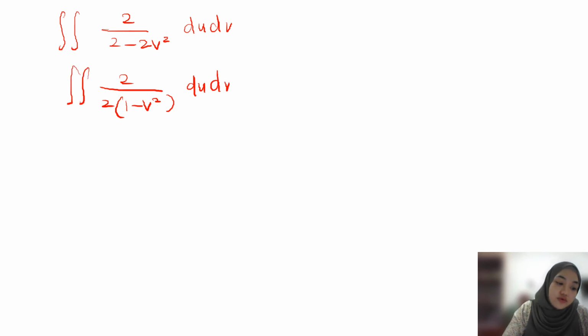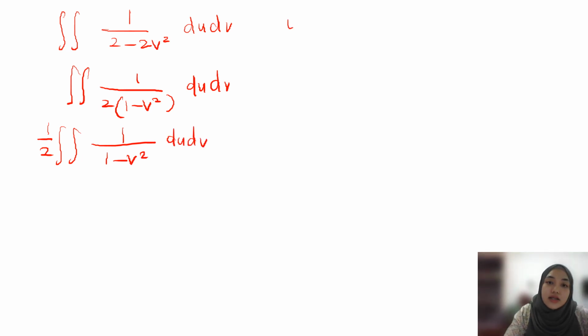Oh, sorry, it's not 2, it's 1. For the numerator, it's 1. So you can bring forward 1 over 2, and this one is 1 over 1 minus v squared du dv.